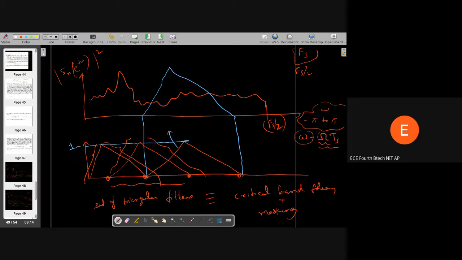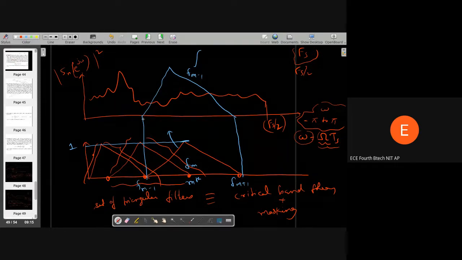Then we multiply and take the area under the curve. Basically, that means we take the mean. If this is your m-th filter, this is fm, and this is f minus 1, the center frequency of the previous filter, and fm plus 1. We can do it from f minus 1, or even if you don't, it does not matter, because outside this range the filter is 0.